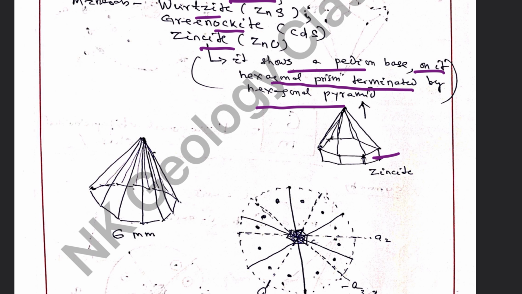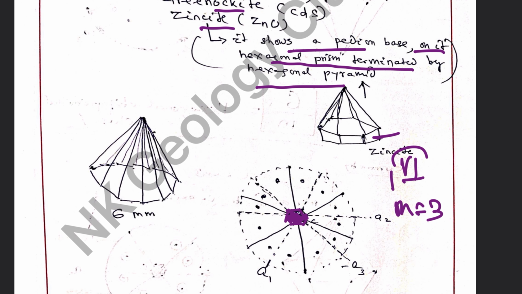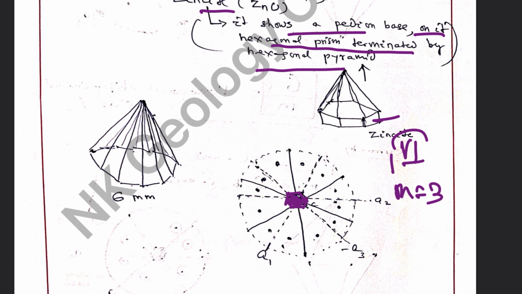So 6mm. This is the axis of 6-fold symmetry, one axis of 6-fold. Then m represents mirror planes, these are the three mirror planes.